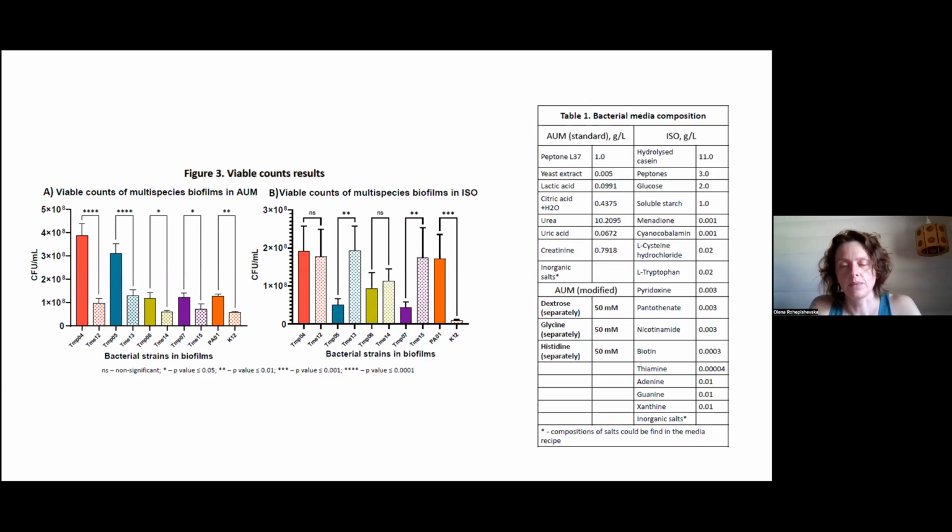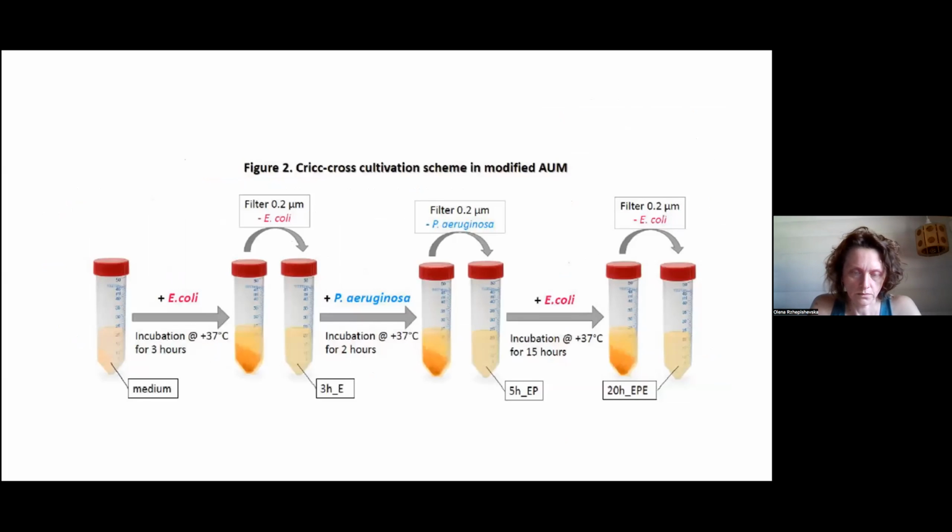We also added some other components separately, but I'm not going to talk about them, only about glucose. So this media, AUM, and AUM with dextrose or glucose, was used in a very interesting experiment, from my point of view, that we found.